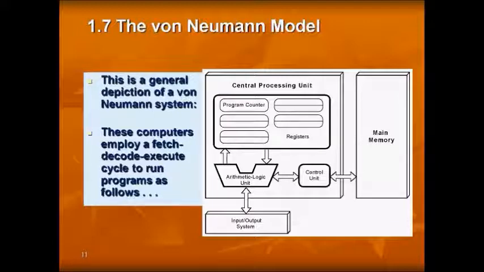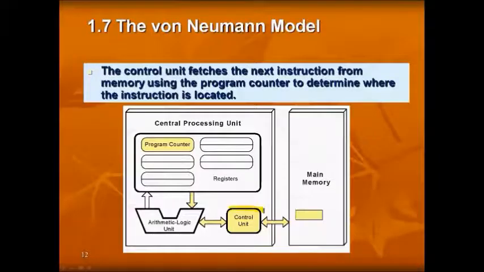The central processing unit contains the ALU and the CU, as you can see on the screen. The control unit fetches the next instruction from the main memory, using the program counter to determine where the instruction is located.